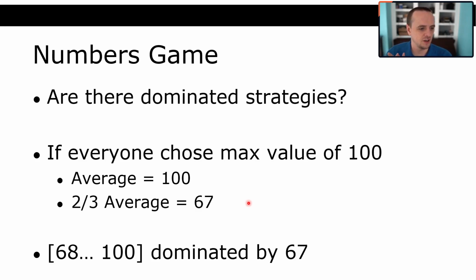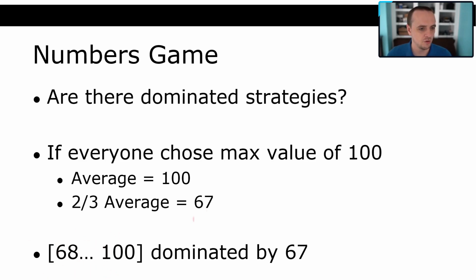But everything between 68 and 100 inclusive, by mathematical definition of the problem, is going to be a worse choice than 67. Because if you choose 67, mathematically, you're going to be closer to 2/3 of the average than any of these.